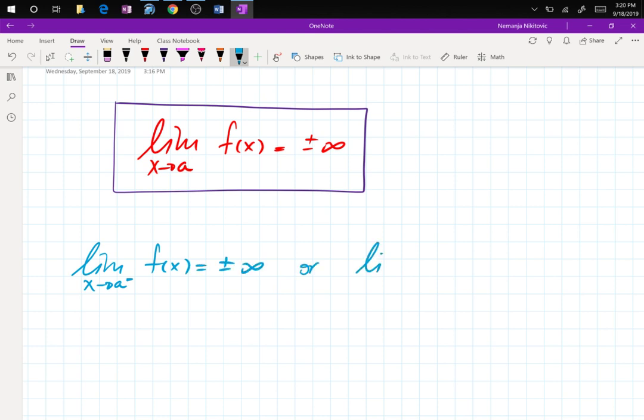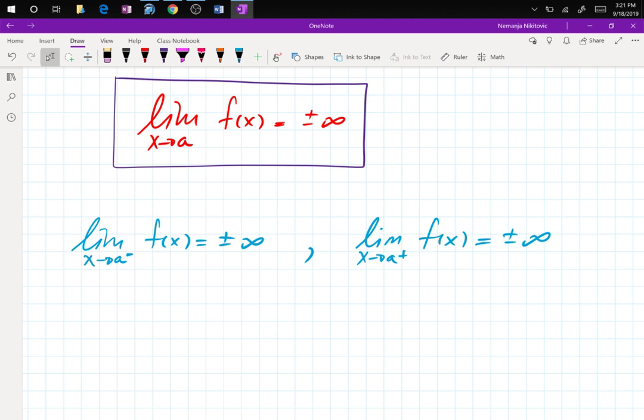And the limit as x approaches a plus, this is from the right, of f of x is equal to positive or negative infinity. Any one of these, where the red one is the overall limit and the blue ones are called one-sided limits.